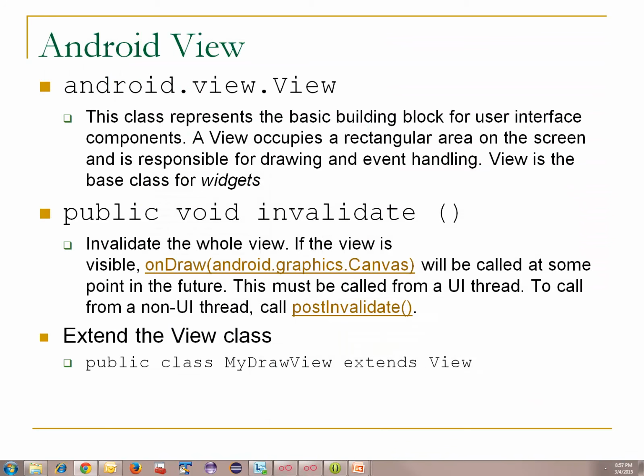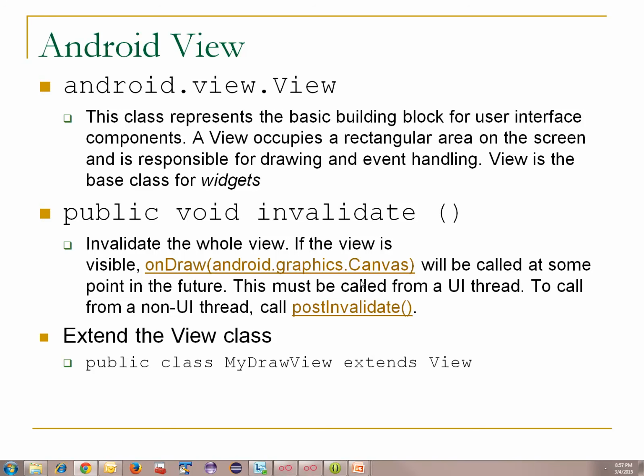I wanted to take just a minute to draw attention to this invalidate method. This is a very important method. What does it mean to invalidate the whole view? It means that sometime in the future, not necessarily instantaneously, this will cause the onDraw method to be called.